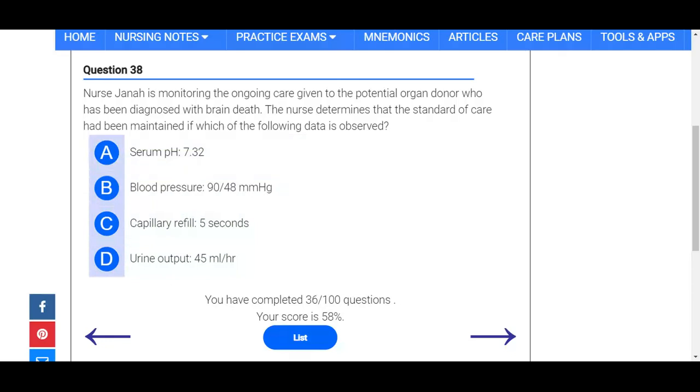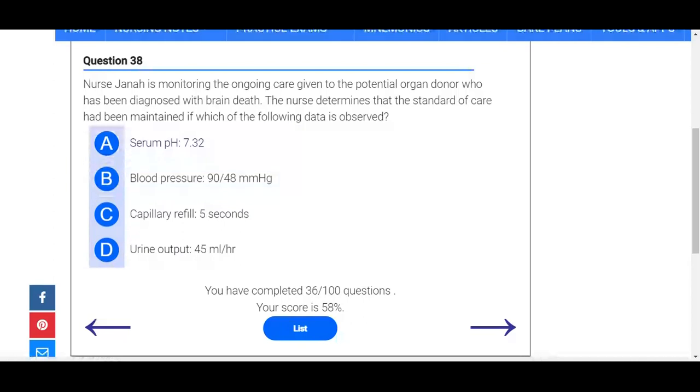Urine output 45 ml per hour, let's see if it is still normal. This one is almost normal. So this is a potential organ donor.